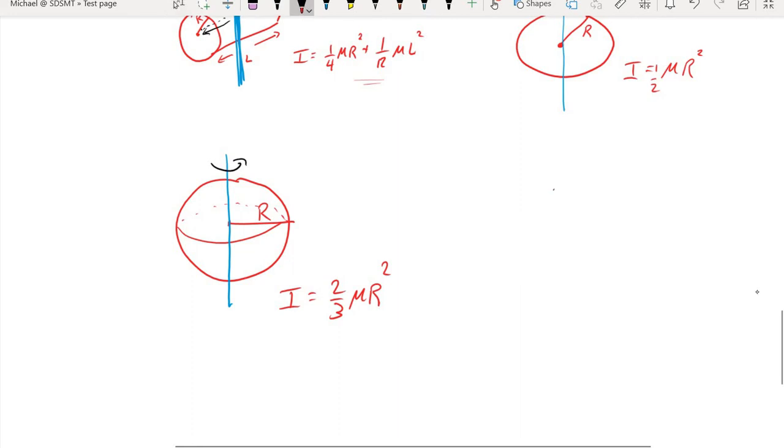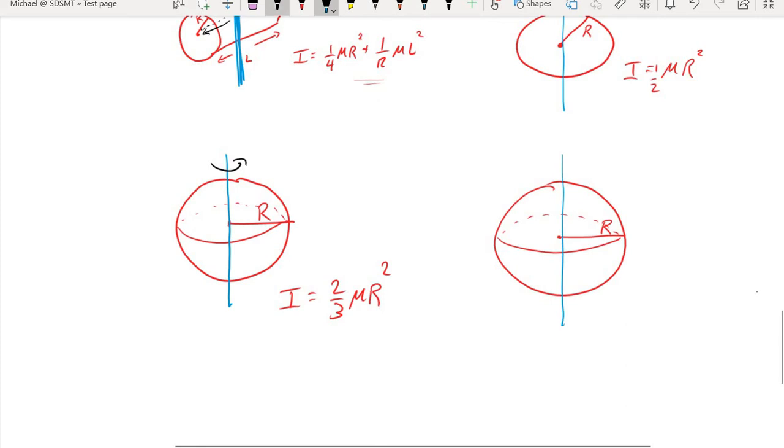Now, the next case that we're going to see is, well, another sphere. And like I said, how many different ways can you skewer a sphere? But this time, we're going to distinguish between this sphere being a solid and this sphere being a shell.